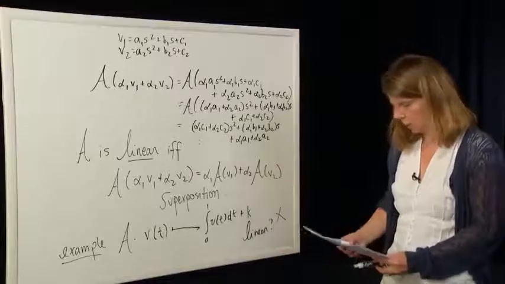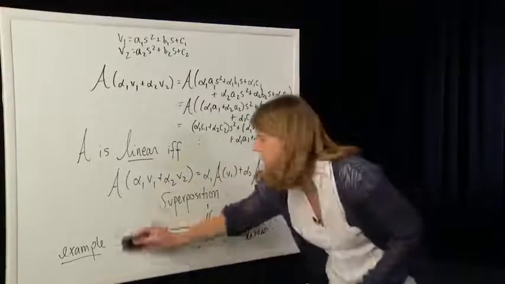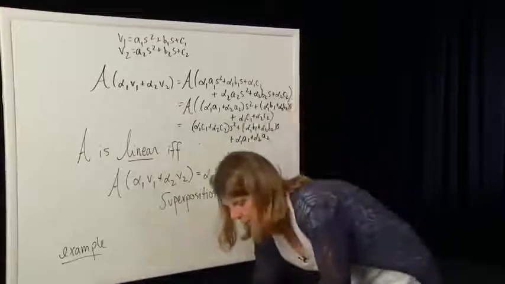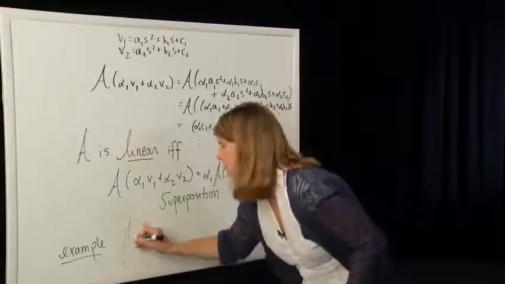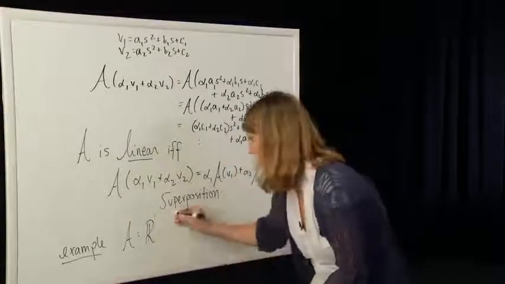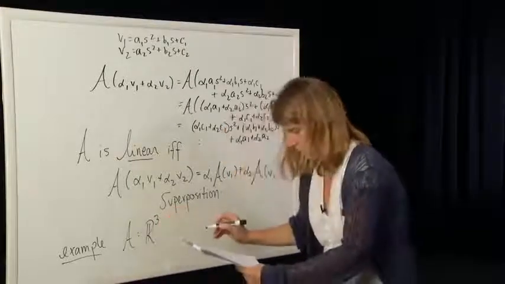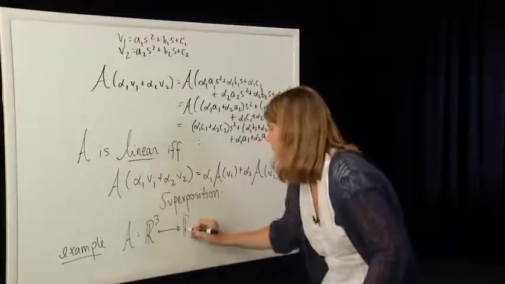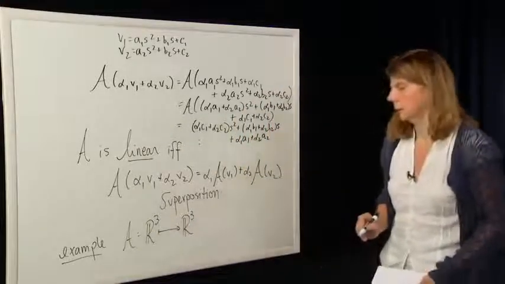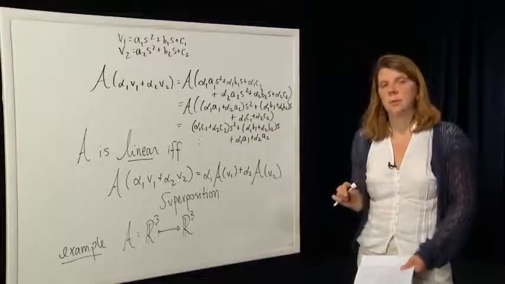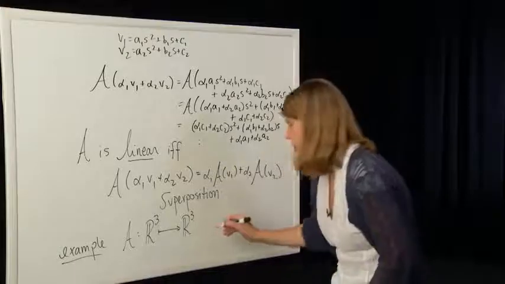And let's do one more example, just because it precedes something that we're going to be doing in a minute. Suppose we look at a map A, which takes vectors in R3 and gives us vectors in R3. And the operation A is just pre-multiplication of a vector by a 3x3 matrix.